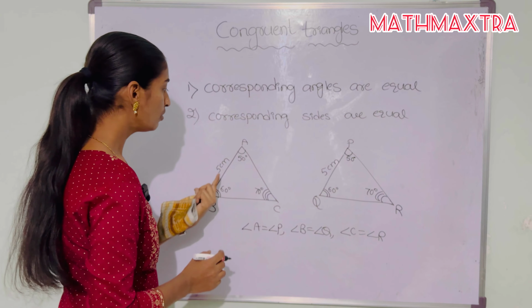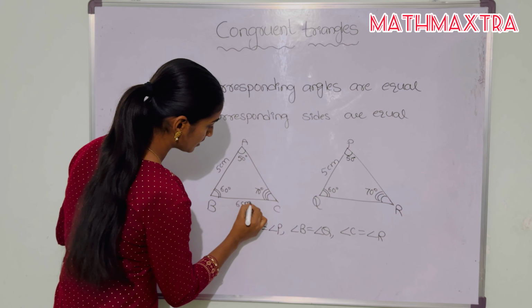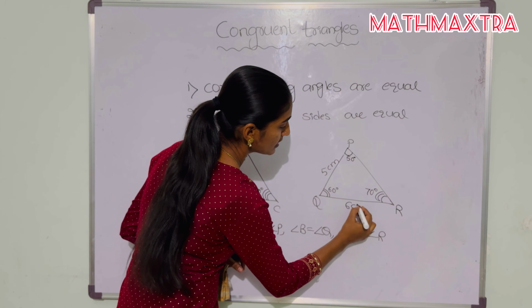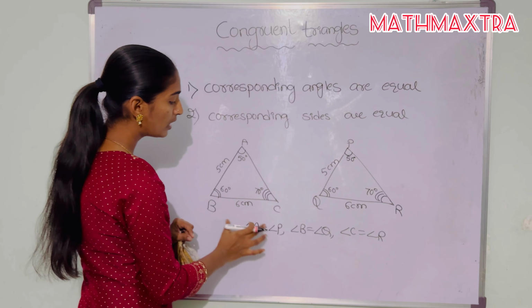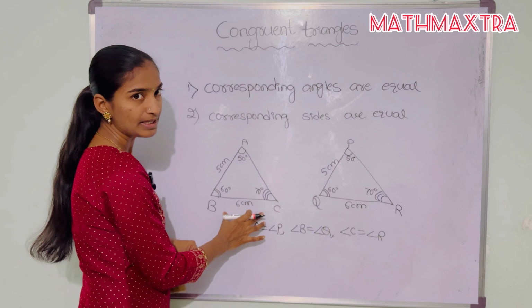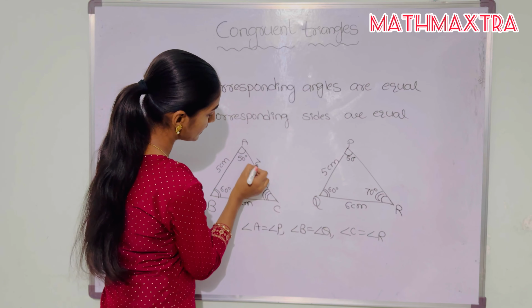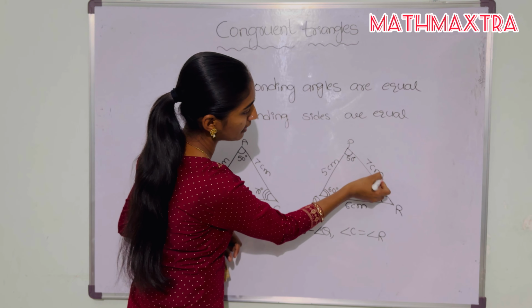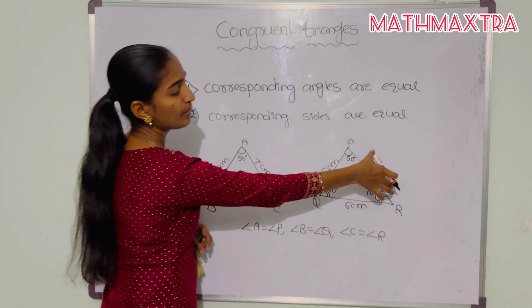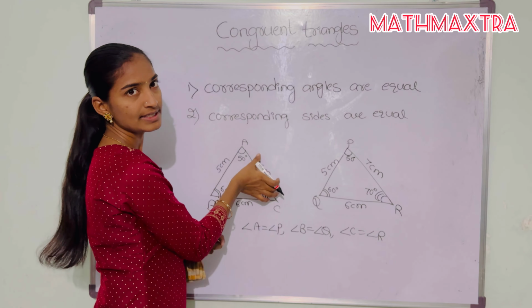Take the BC side as 6 centimeters and this is also 6 centimeters. Now QR is the corresponding side of BC. Take this as 7 centimeters and this is also 7 centimeters. Now the PR side is the corresponding side of AC.